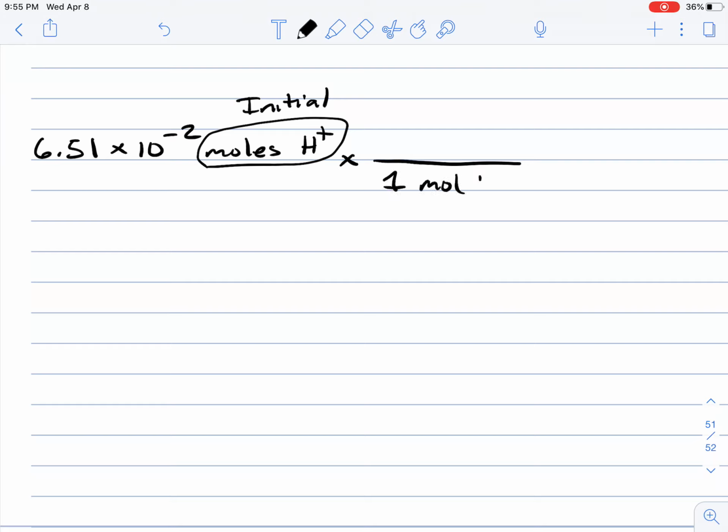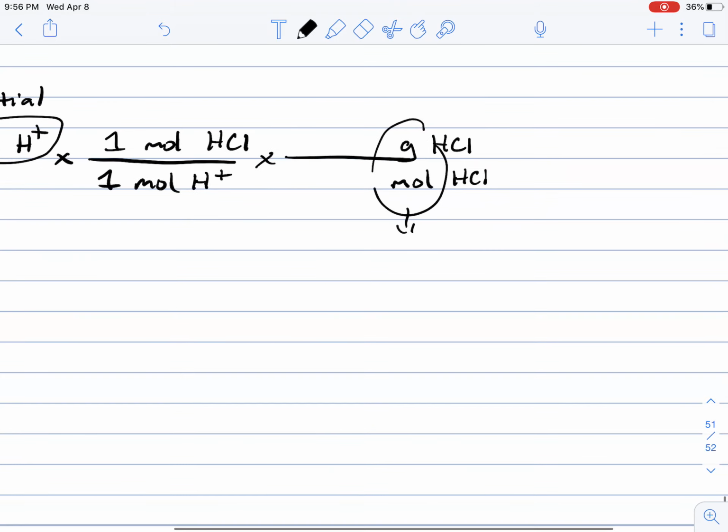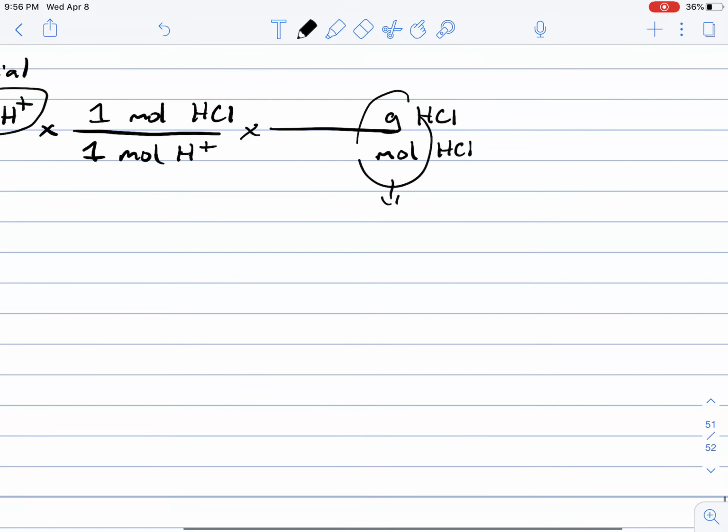So for every 1 mole of H plus, that equals 1 mole of HCl. If you're looking at the chemical formula for HCl, we have a 1-to-1 ratio. And since we want to determine the mass of HCl, I'm going to put grams of HCl at the top, moles of HCl at the bottom. So grams and moles, that should invite you to think of molar mass.